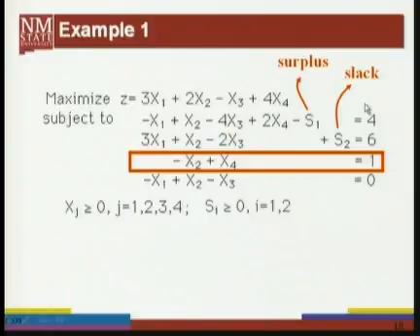Now we can use negative g and s2 as the basic variables in the objective row and the second constraint. And the other constraints need artificial variables.